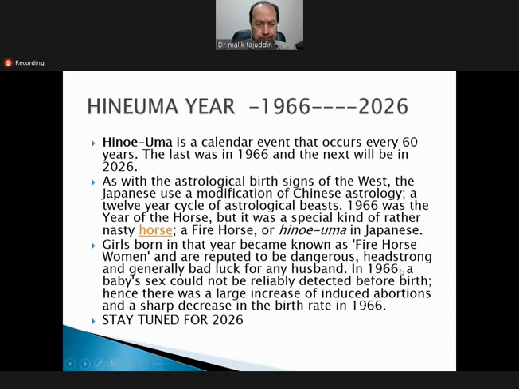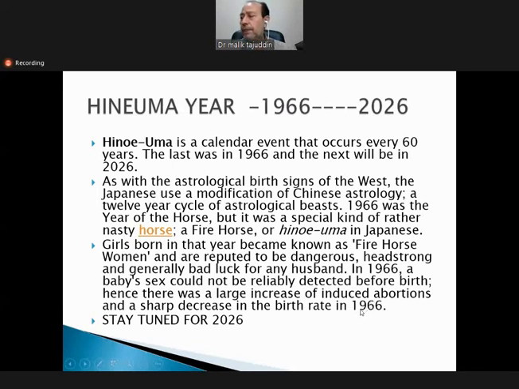So in 1966, baby sex could not be reliably detected before birth. Hence, there was a large increase in induced abortions and a sharp decrease in the birth rate in 1966.